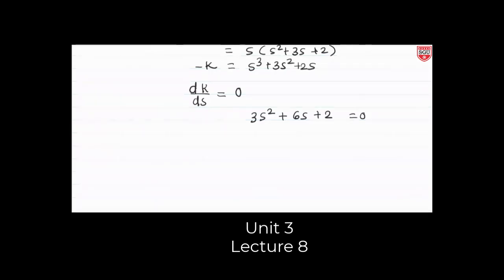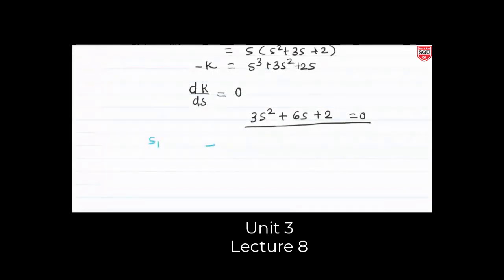Then the roots of this equation will indicate the breakaway point. So we know the method to find the roots of a quadratic equation. These roots are S1 and S2.